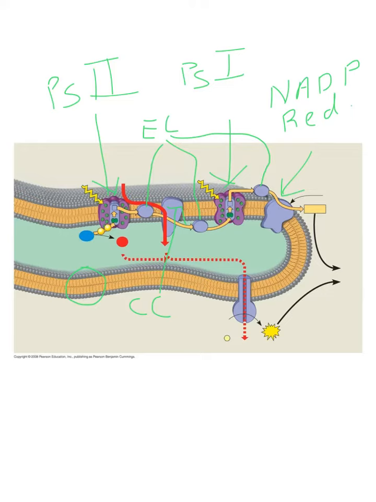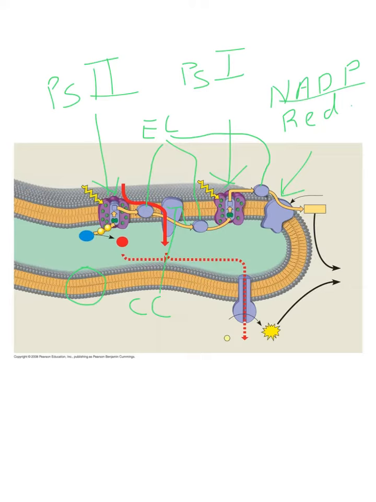Well, if you have a reaction where a molecule accepts electrons, it's called a reduction reaction. So a reductase is an enzyme, a protein, which is going to cause a molecule, in this case NADP, to accept electrons. It might be a little bit easier to see a little bit later here.